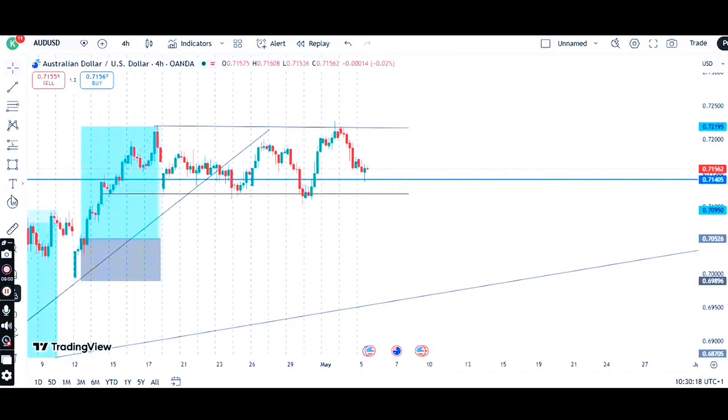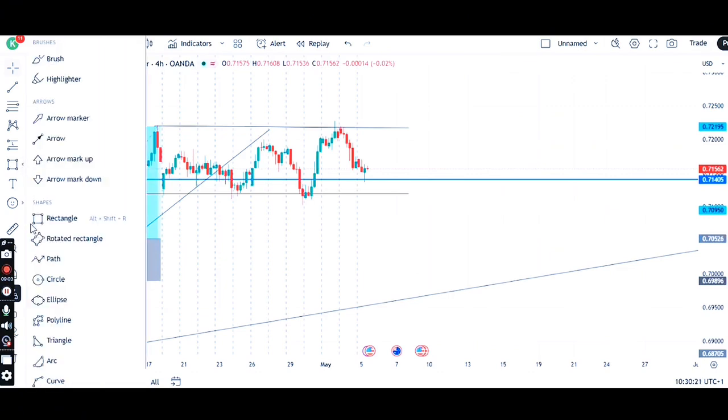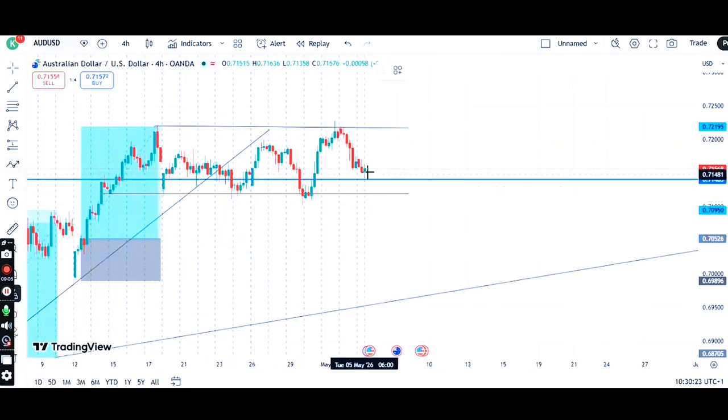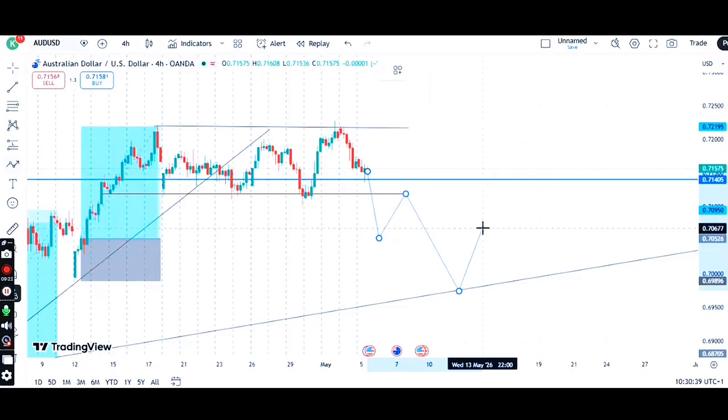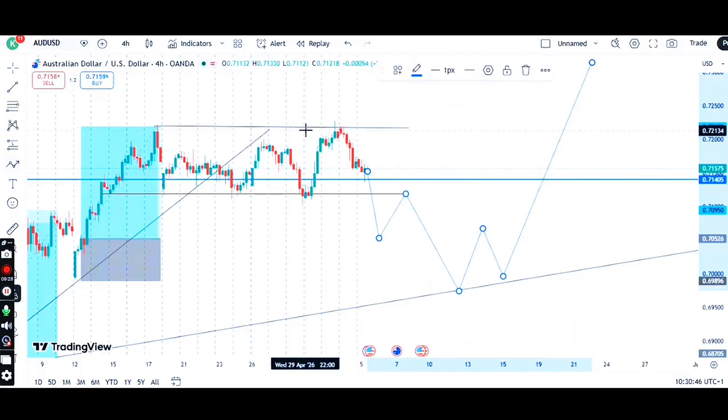And that is, first one, it is either that this market breaks this structure downwards, returns and retests this particular trend line, the trend line from the daily time frame, and then creates something like this and continues going up to take out this particular high.